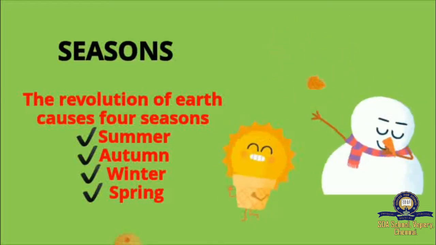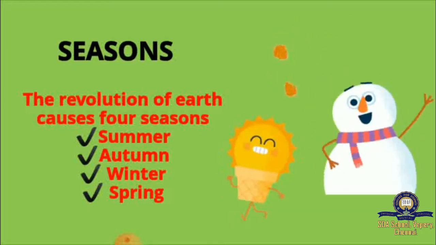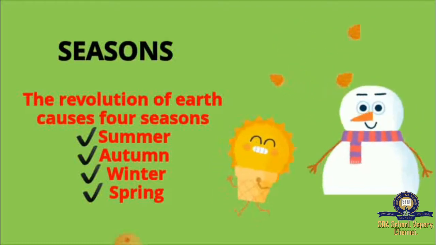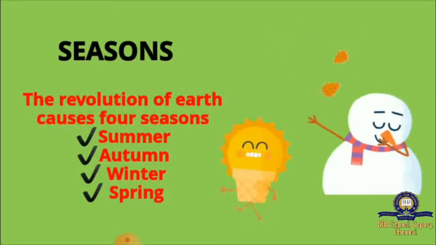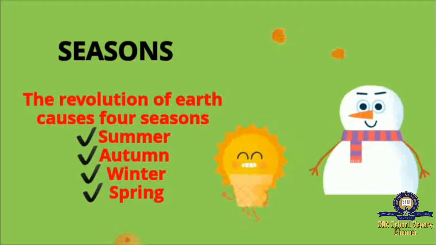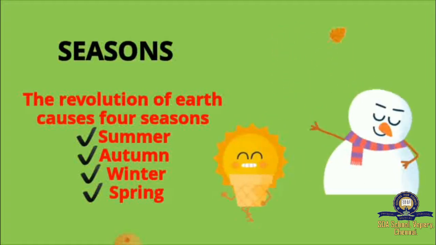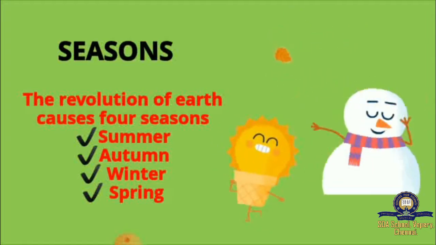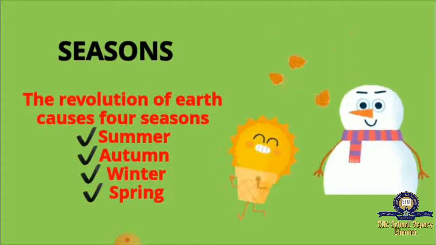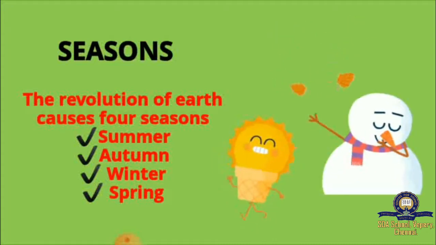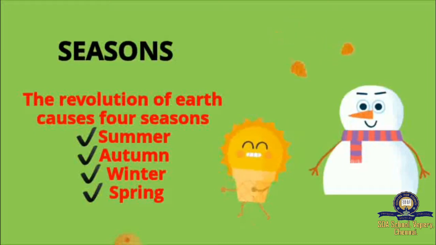Autumn is the season where leaves fall from trees. It is the 3rd season of the year, coming after summer and before winter. Next is winter.